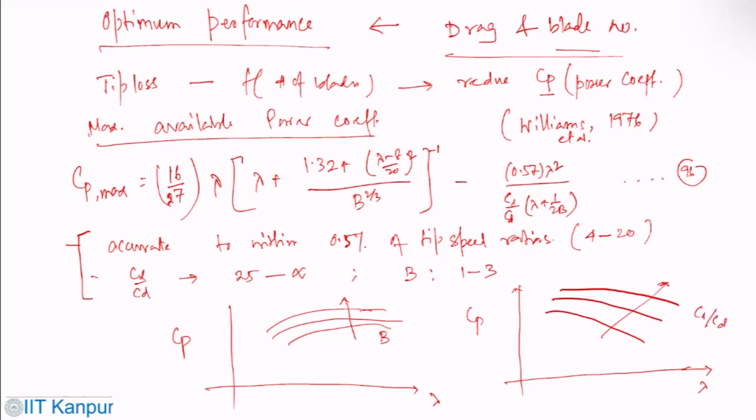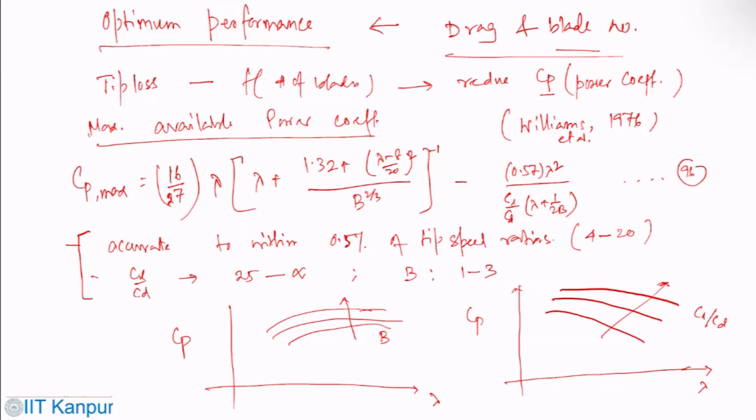So these correlations can provide you different kinds of variations, and these empirical formulas which are available are quite useful in terms of design.